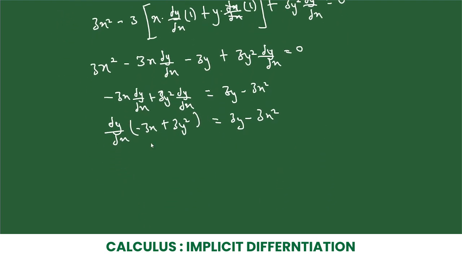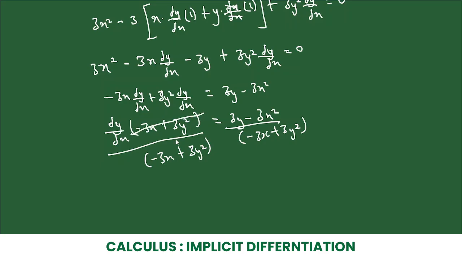So we divide both sides by minus 3x plus 3y squared. This will take this out. So you are going to have dy/dx equal to, so let's factorize 3 out from the upper side. 3 out here, y minus x squared, right?